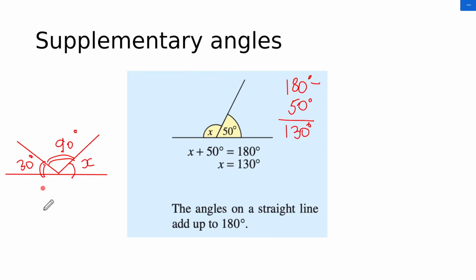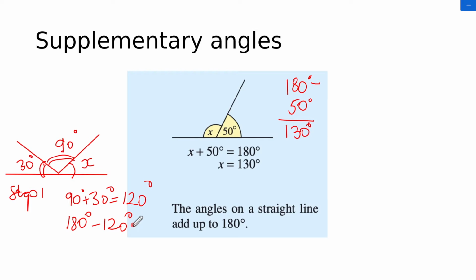So step 1, just like in the previous activity, is to do 90 degrees plus 30 degrees, which gives us 120 degrees. So we add up the two of them. And the second step is to do 180 minus 120 degrees, which gives you, here I'll show you in steps.